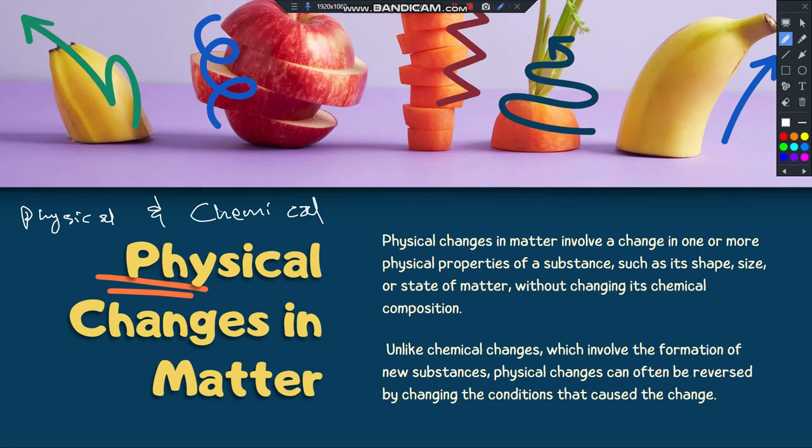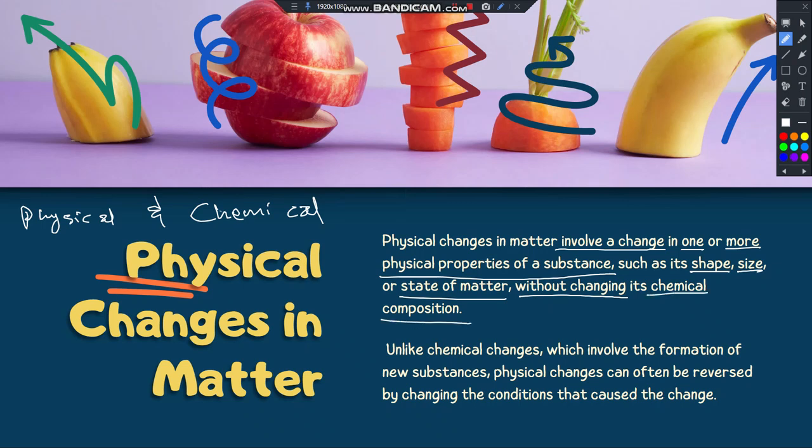Now, starting off with the physical change in matter, it is simply a transformation that involves a change in one or more physical properties of a substance. These are properties that refer to things like shape, size, or state of matter without changing its chemical composition.